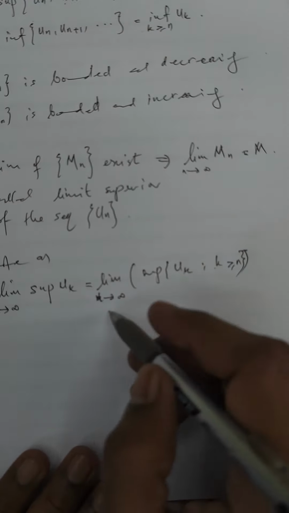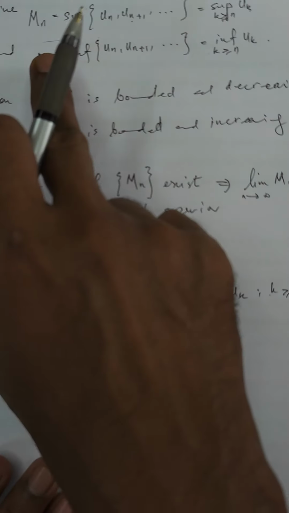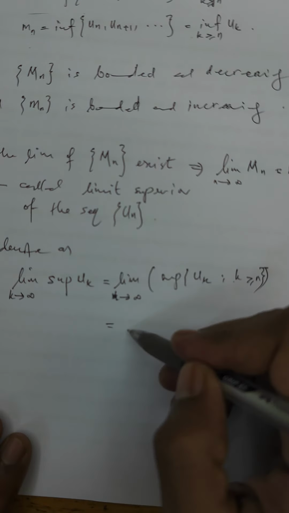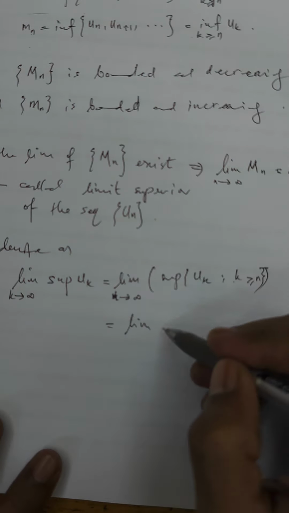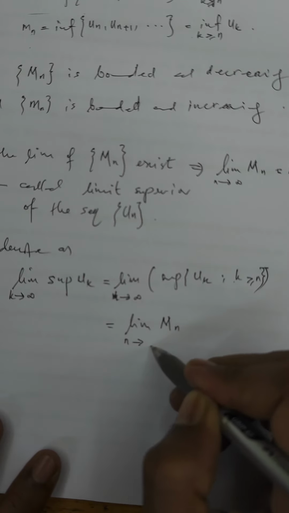Alright, which is also, if you look at this, the supremum of uk, we define as mn. So lim sup means this is the limit of mn, n goes to infinity.